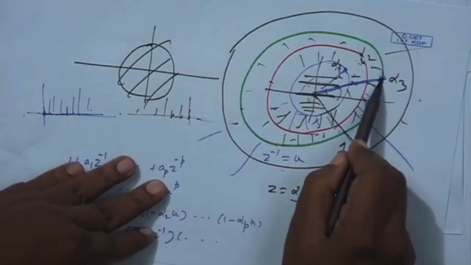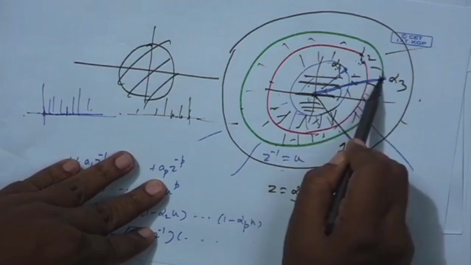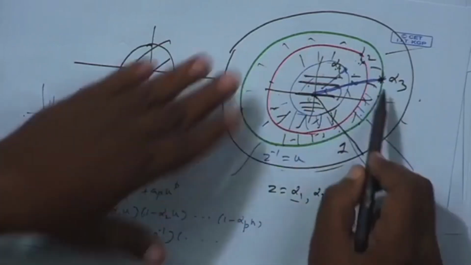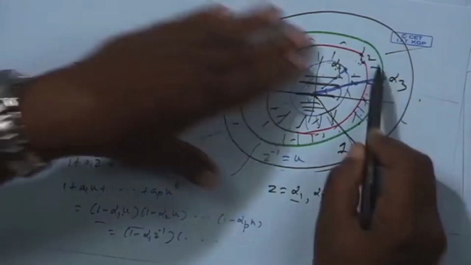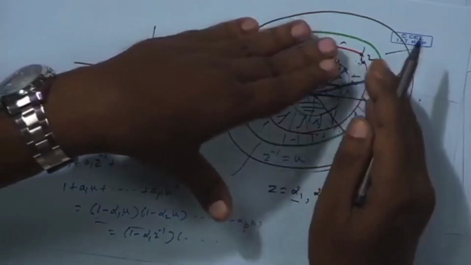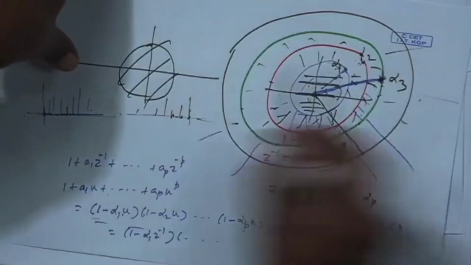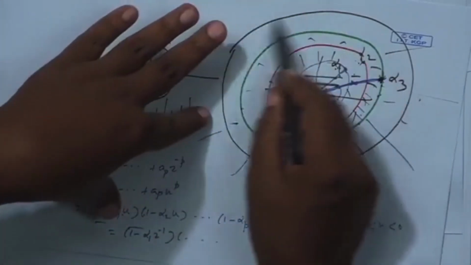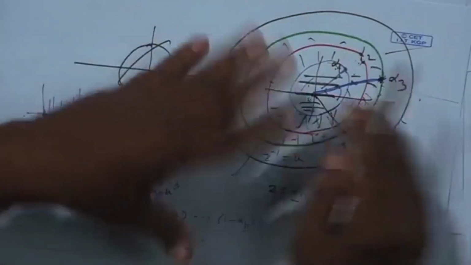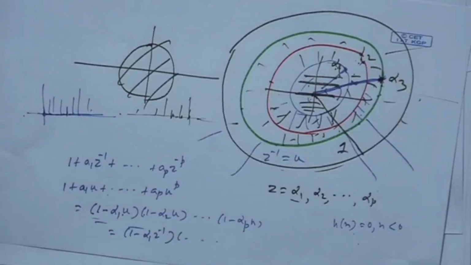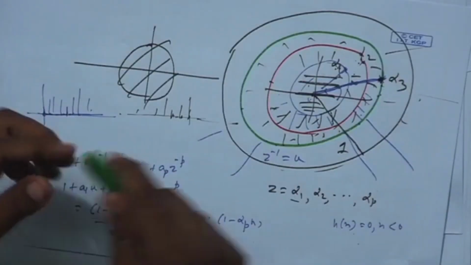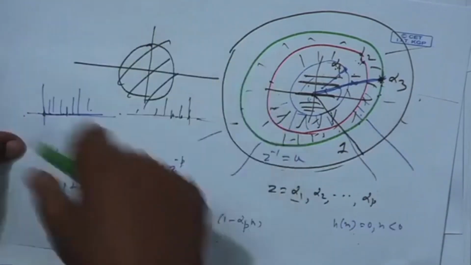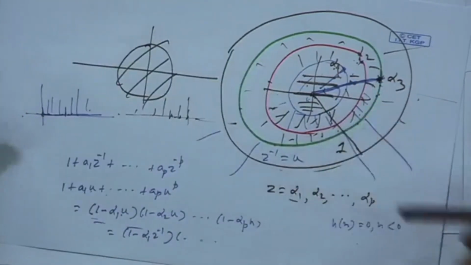Then you take the pole which is farthest from the origin, draw a circle through that and take the ROC to be the area outside that circle. So, that will be outside a circle up to infinity. So, the corresponding sequence will be causal, right sided, and that includes the unit circle, therefore that will be stable, which means for stability and causality, all the poles of a rational system must lie within the unit circle.